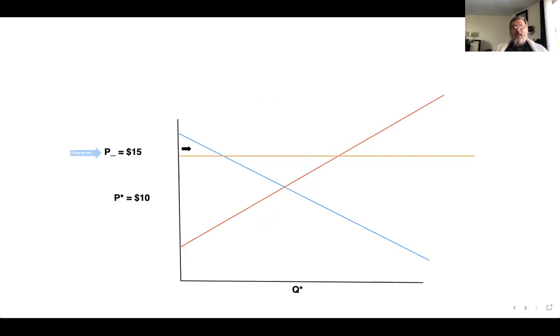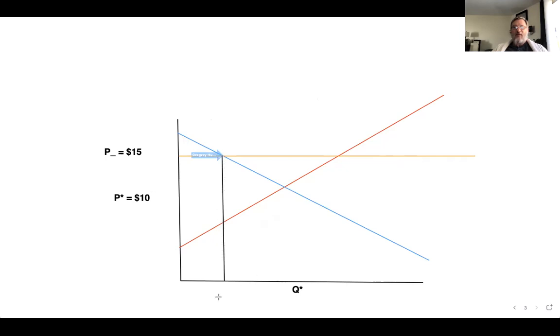Because of the minimum wage. Ultimately, just because a lot of people want to work, you can't force the employers to hire them. So you end up with an equilibrium quantity that is what the buyers want to buy in this market.